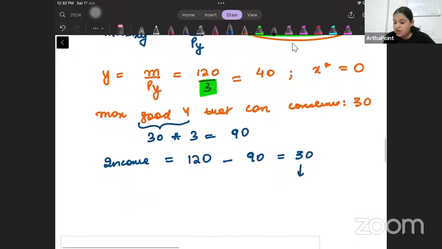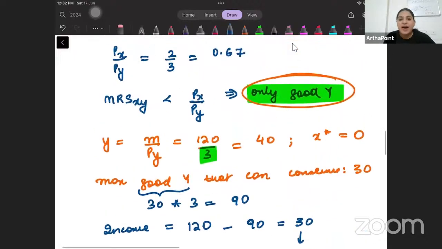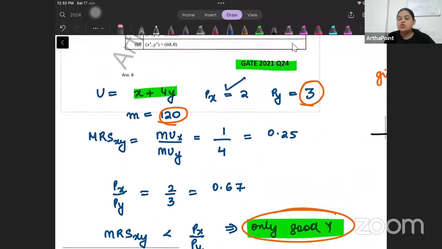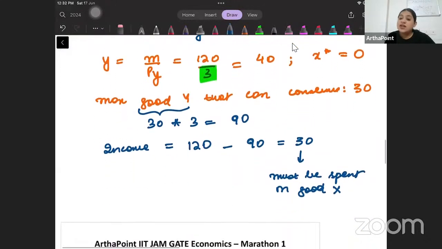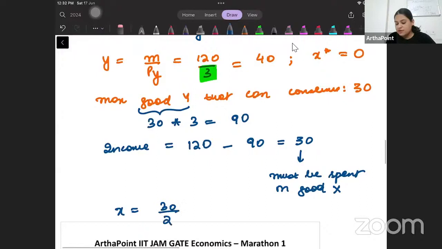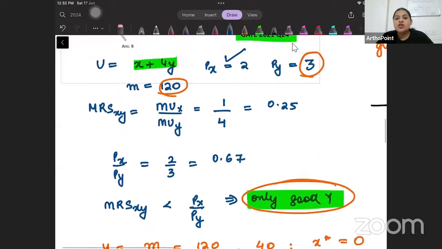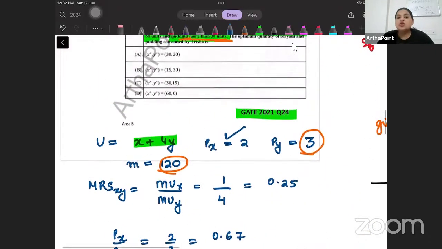So this 30 must be spent on good X. Price of good X is given to you as 2. She has 30 rupees left with her. So how much X can be consumed? 30 divided by 2. 15 units of good X can be consumed. So she can go ahead and consume 15 units of X and 30 units of Y.